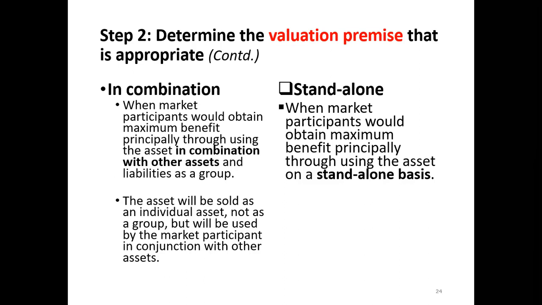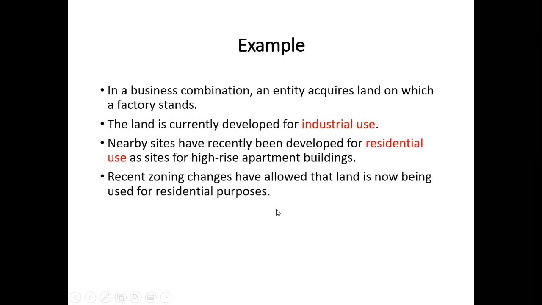If you continue the factory which is located on the land, then that is the in combination. You're taking the benefit not principally through the land itself, but through the factory which is already located there. Yes, in combination, land with factory. Standalone, use the asset for residential purpose. Yes, very correct. So this time you are getting it correct.